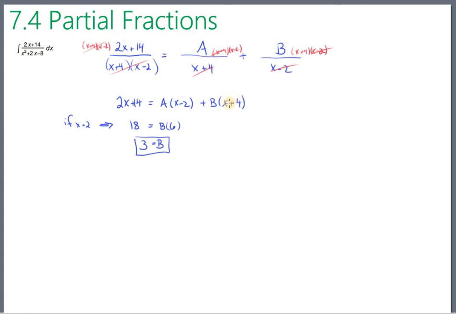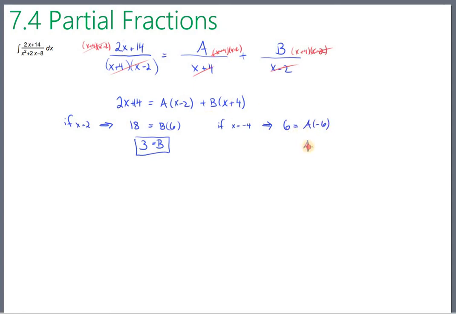And I also want to plug in -4 for x, so let's try that. If x is -4, then the equation turns into, let's see, that'd be -8 plus 14 is 6. And plugging in -4 there would give you a times -6 and b times 0.